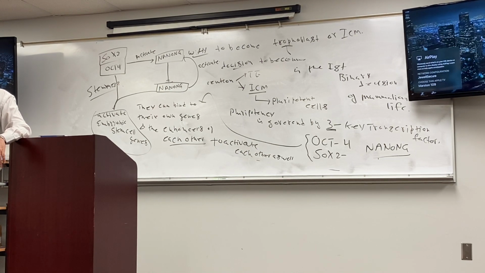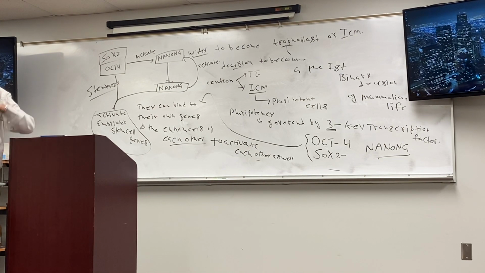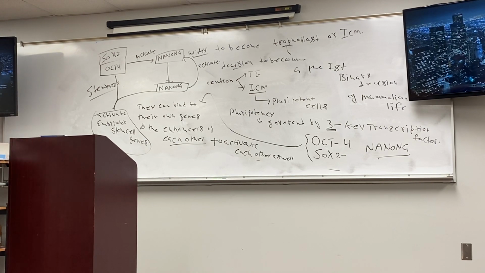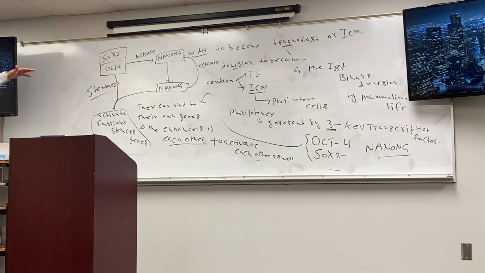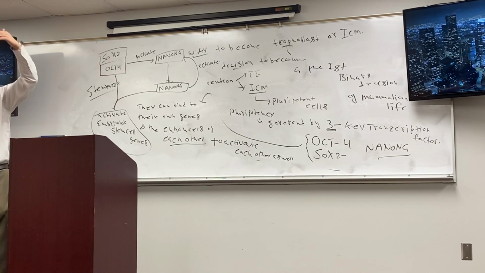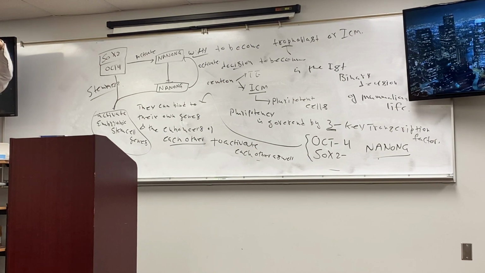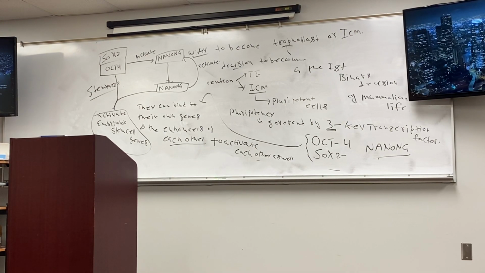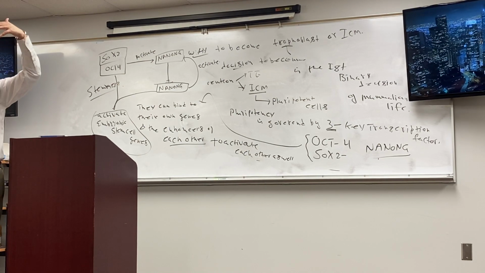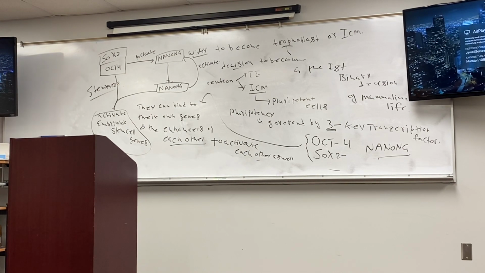They can also bind to the enhancers of each other and keep on activating each other's genes. Their purpose is to keep the cell away from differentiation. So these cells can divide indefinitely, they're immortal cells, but they are prevented from differentiating.